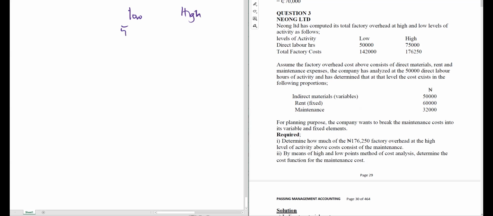This one was 50,000 labor hours, and this one was 75,000 labor hours. Instead of months, they gave us hours. Now when we break this down, the 50,000 level, let's break the cost down. They said the cost is made up of what?